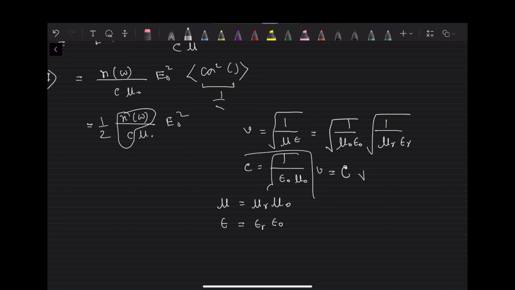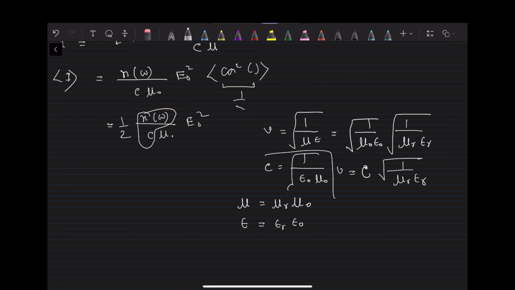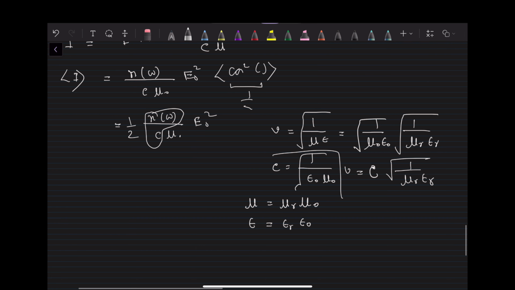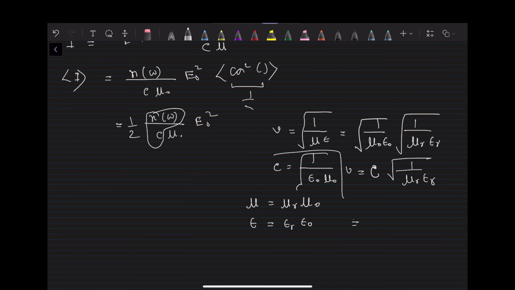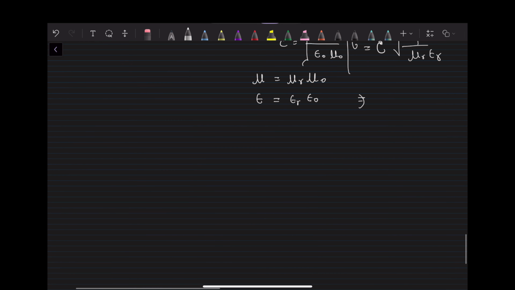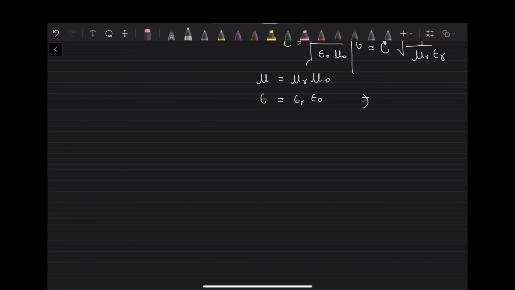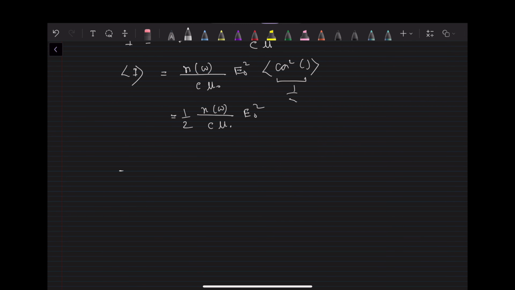This is another way of writing this expression.